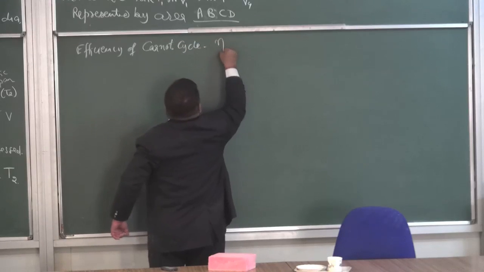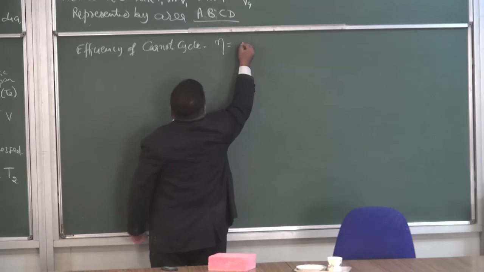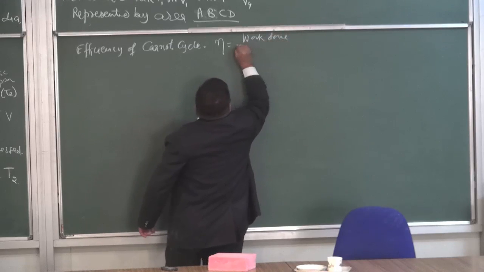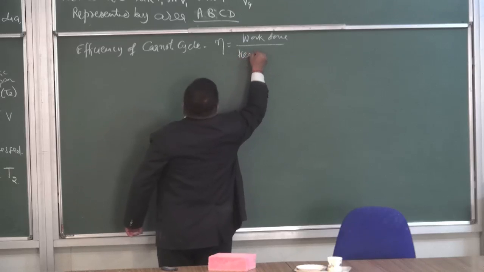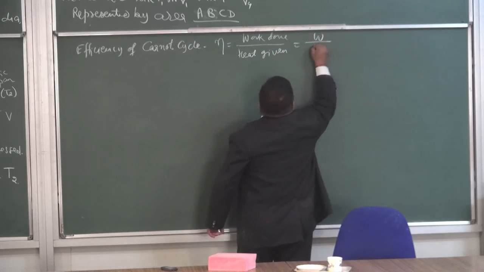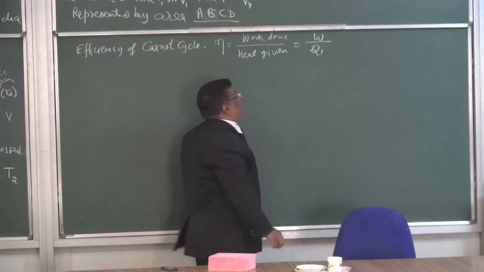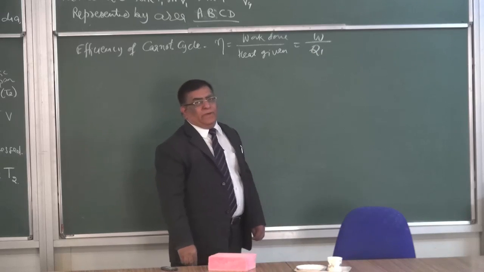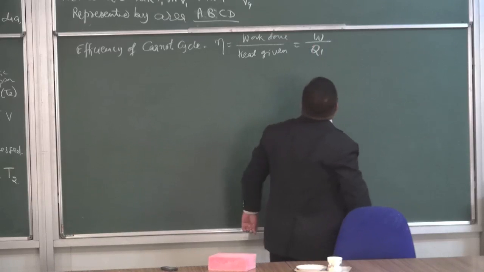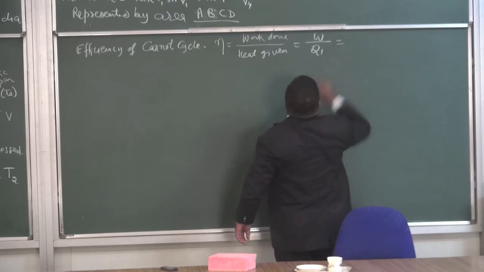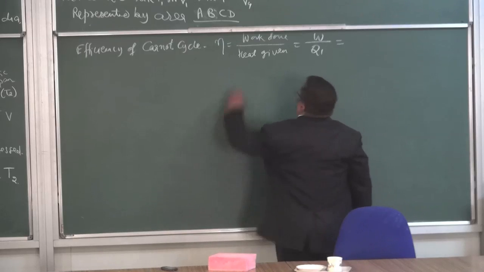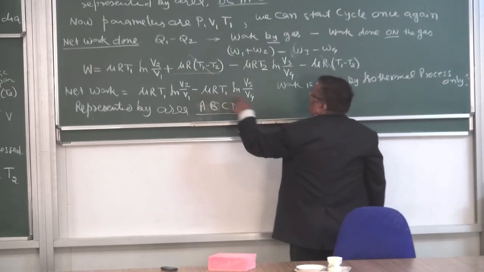Efficiency of the Carnot cycle, eta, is equal to net work done upon heat given, and how much heat had we given? Q1. Okay, so this work done is how much? This work done we can write, we know it here.